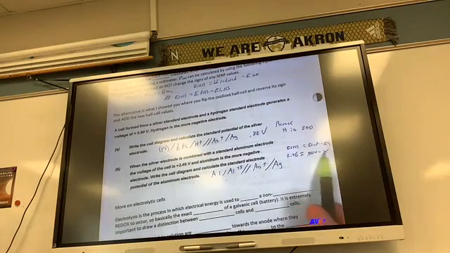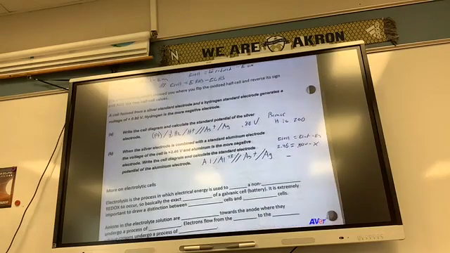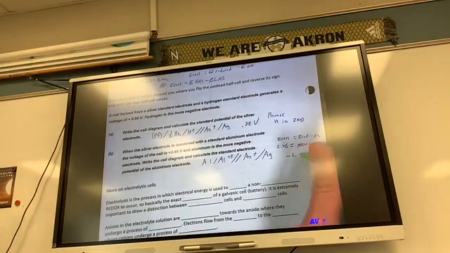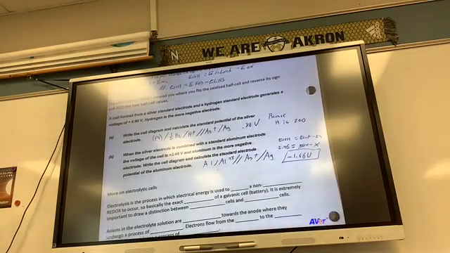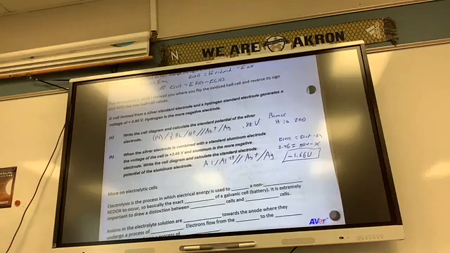In order to make 0.80 minus X equal 2.46? Yes? So negative what? You can do this in your head. 1.66 volts. That is the aluminum, Al3 plus.